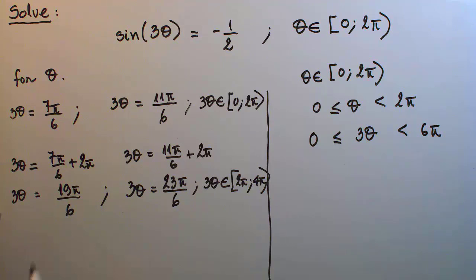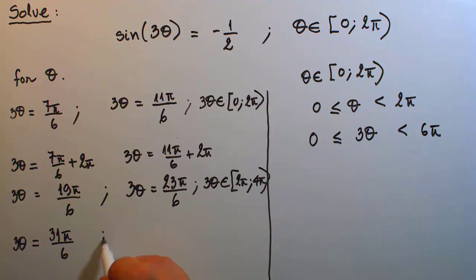Same trick right here. To get from that interval to the next interval, all you do is add a 2 pi to every value here. So in my next equation, I can start picking up the pace: 19 pi over 6 plus another additional 2 pi is going to give me 31 pi over 6.